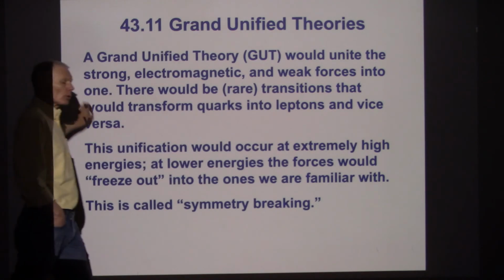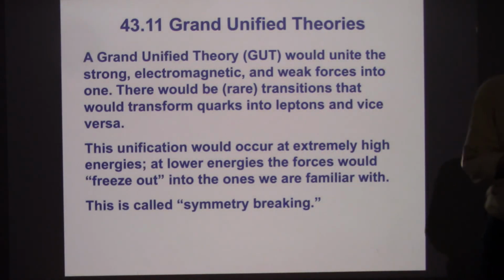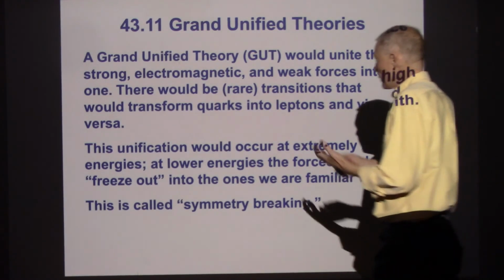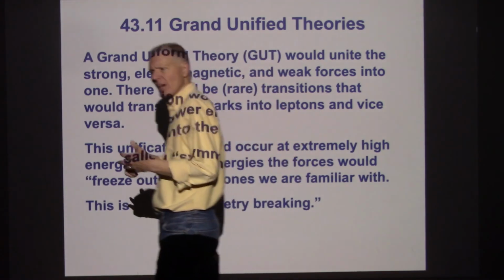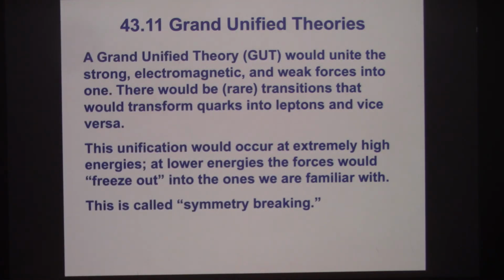So currently what happens is that we have a separate force constant for each one of the forces. So the electric and magnetic force has its own force constant. We've seen that, the little k that we introduced. There is a constant for the weak force, and there's a constant for the strong force.